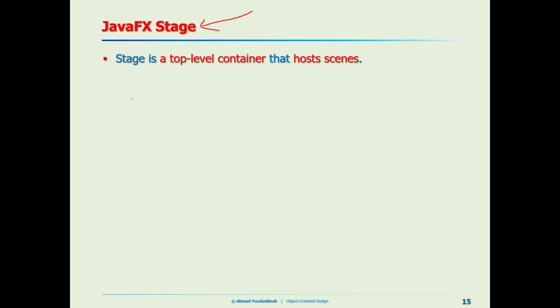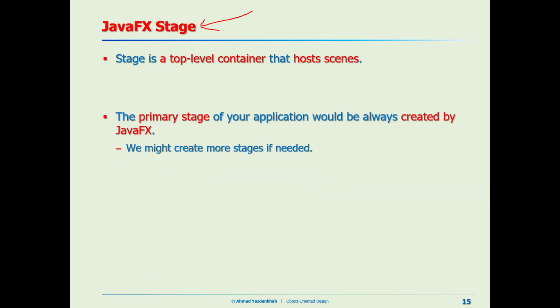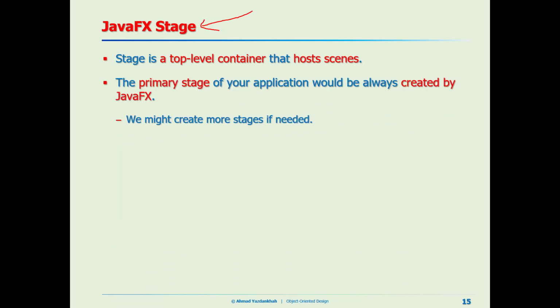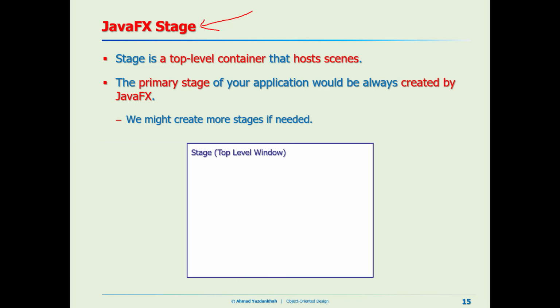The primary stage will be created by JavaFX itself when you create a JavaFX project, but you can add other stages if you really need. So this is the stage, or top-level window.